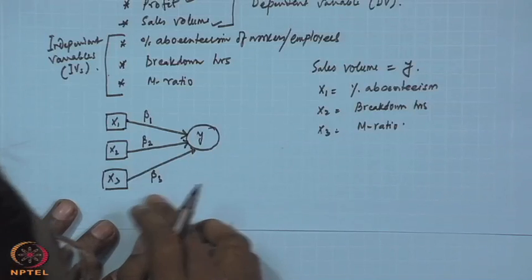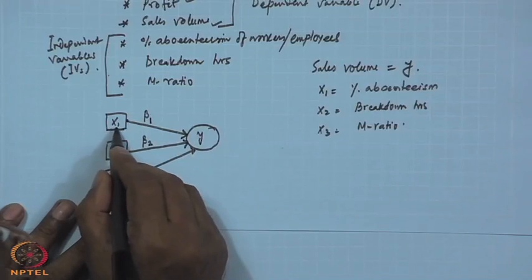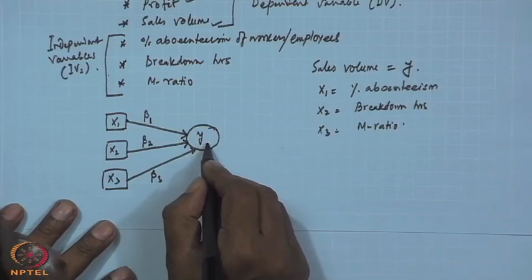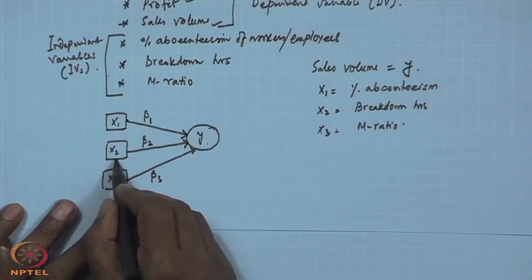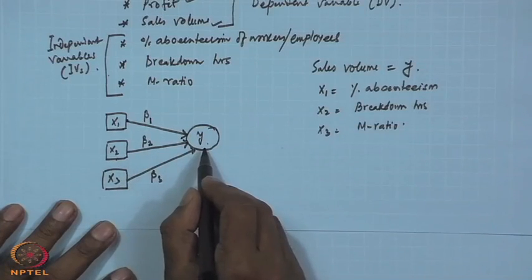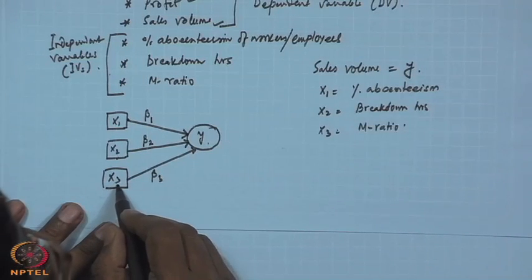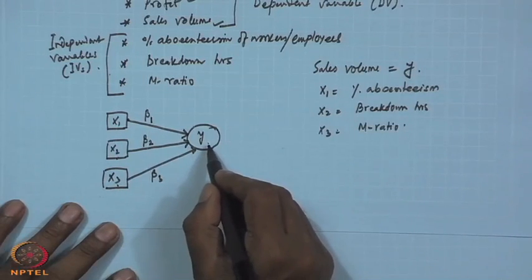What does it mean? It means that if I change 1 unit of x1, there will be beta 1 unit of change in y. If you change 1 unit of x2, there will be beta 2 unit change in y, and if you change 1 unit of x3, there will be beta 3 change in y.